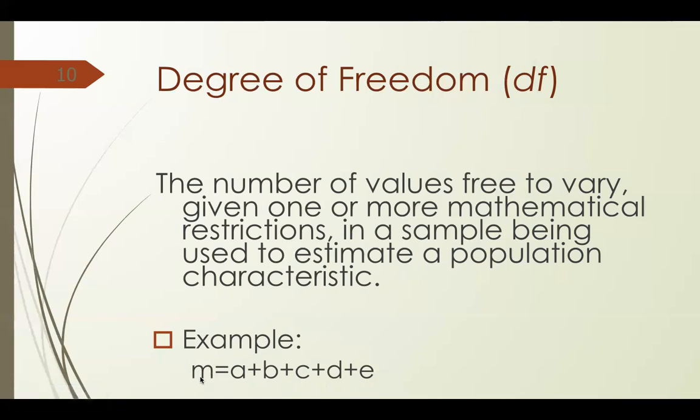So you only have 4 ways to vary your numbers because the 5th one always has to be calculated based on the sum. So the idea of degree of freedom is the number of values free to vary.